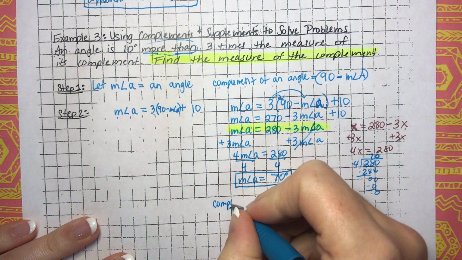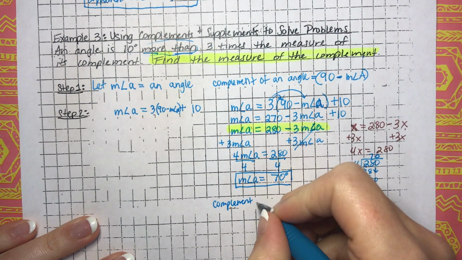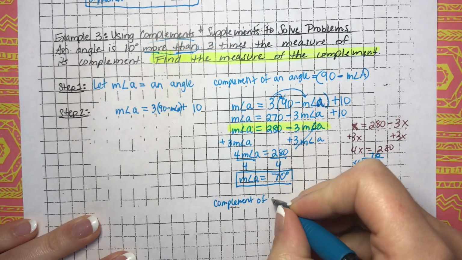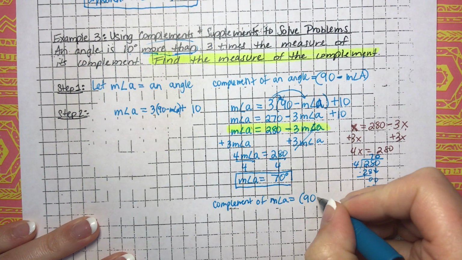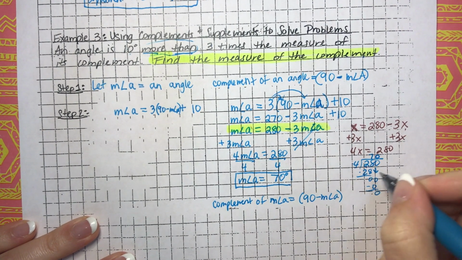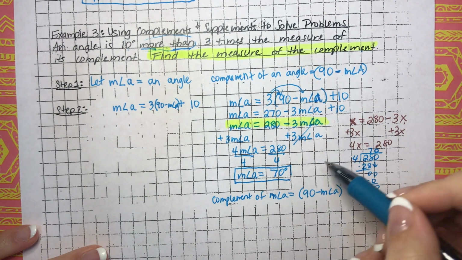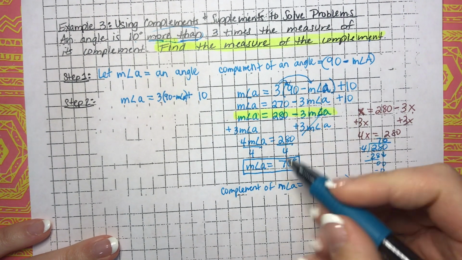So the complement of the measure of angle A is equal to 90 minus the measure of angle A, right? And what is the measure of angle A? We're going to substitute that 70 in.